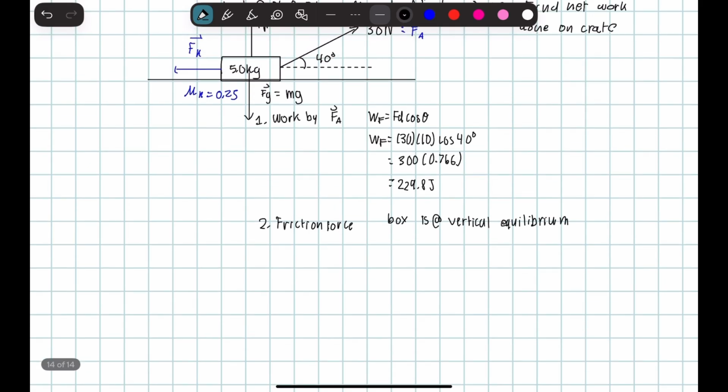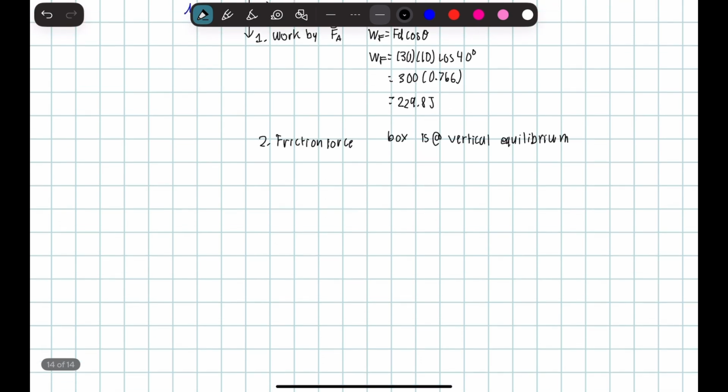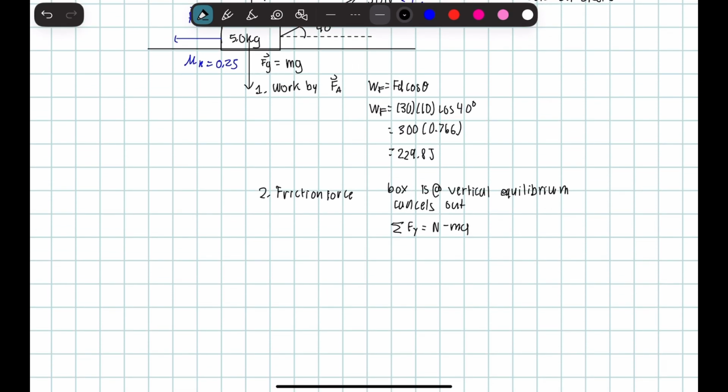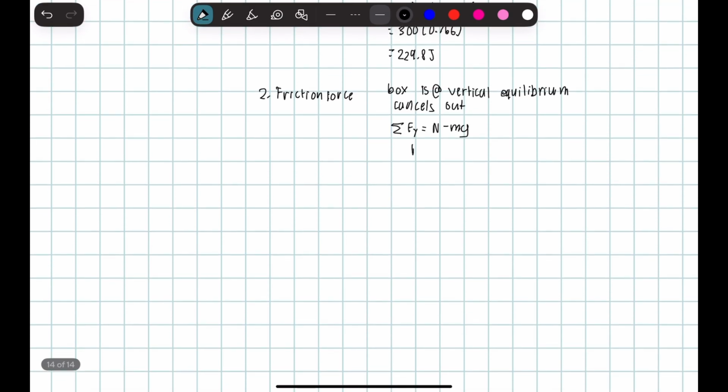So that means that it's neutral. Everything cancels out in the vertical direction. So you can set them equal to each other by saying that F_y is equal to N. N is going to be going up, and then mg is going down. So rearranging that, N is equal to mg. Then we can plug in 5.0 times 9.8, and that's going to be equal to 49 newtons.